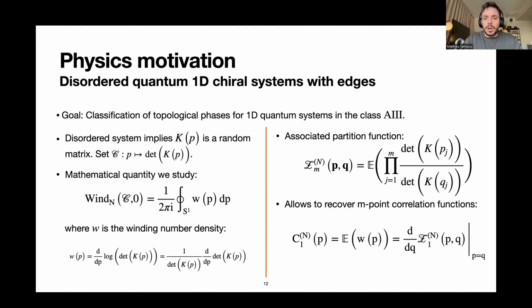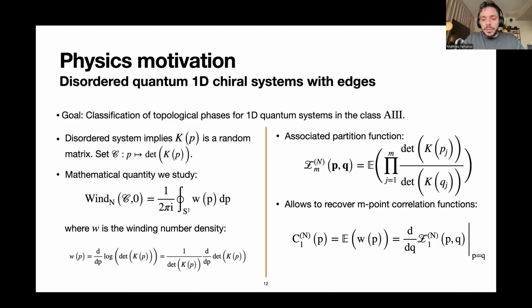And so I draw 2M points on my unit circle, and I form that partition function. And after that, by taking successive partial derivatives and by colliding the arguments, I will be able to recover the k-point correlation function for that random winding number.